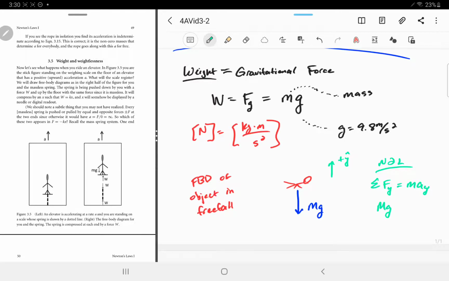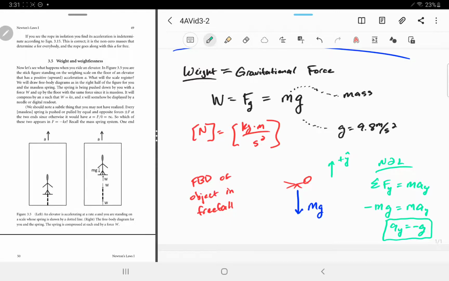Except if the y direction is upward, then the gravitational force has a negative y component. So we would plug in a single minus mg on the left-hand side. And this should be the same m, my mass, m a_y. So it looks like we have a_y equals minus g.